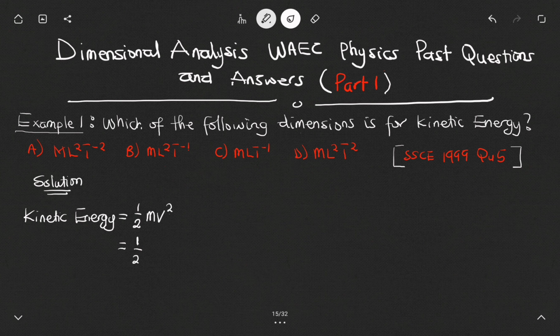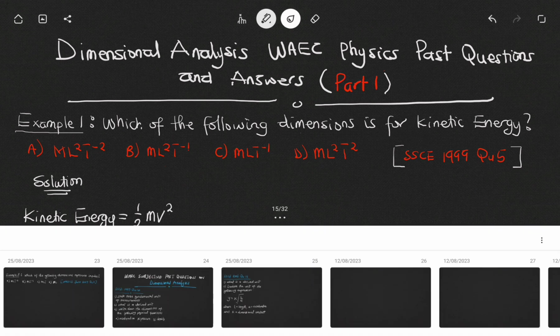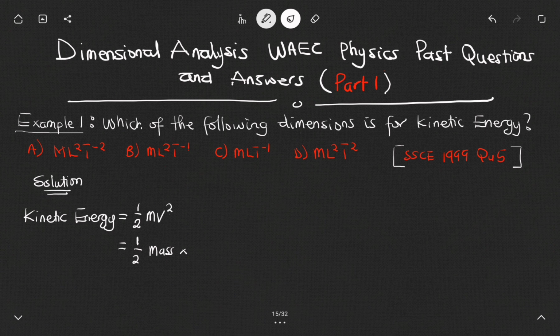The m is for mass, multiplied by velocity squared. Velocity is distance over time, so I square it. This is the same as writing mv squared.